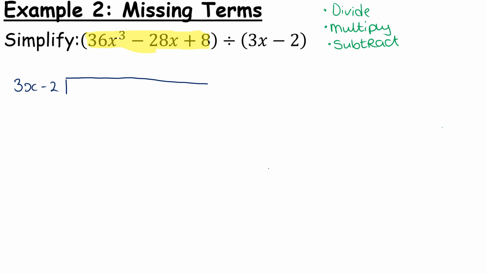Now when we go to do the long division, this can cause problems just because of how we work through it. And the easiest way to get around this is to put in an x squared. Now obviously we can't change this expression, but what we can do is when we're writing it down, instead of ignoring the x squared, because there's none, I will write that I have plus 0x squared.